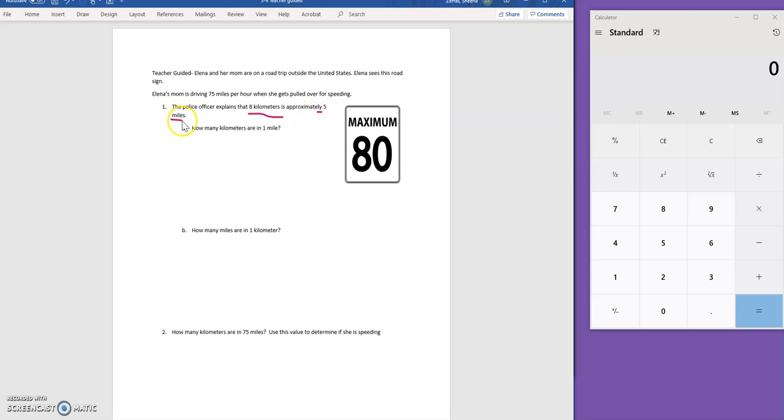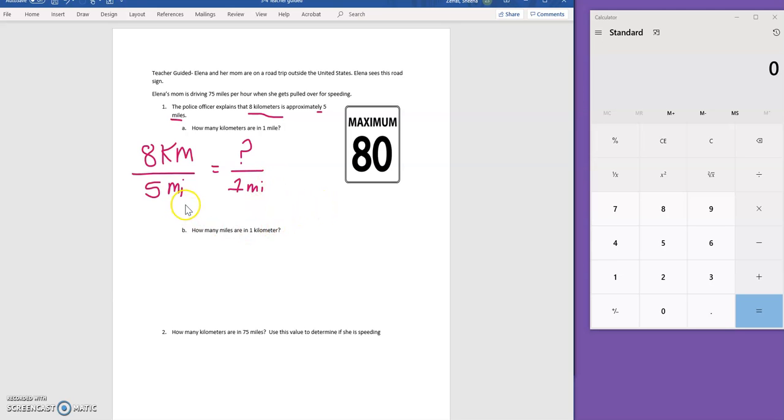So we have 8 kilometers, and as a rate we want to make sure we are using labels. 8 kilometers is 5 miles. And we want to figure out how many kilometers, so we're going to set this equal to how many kilometers in 1 mile.